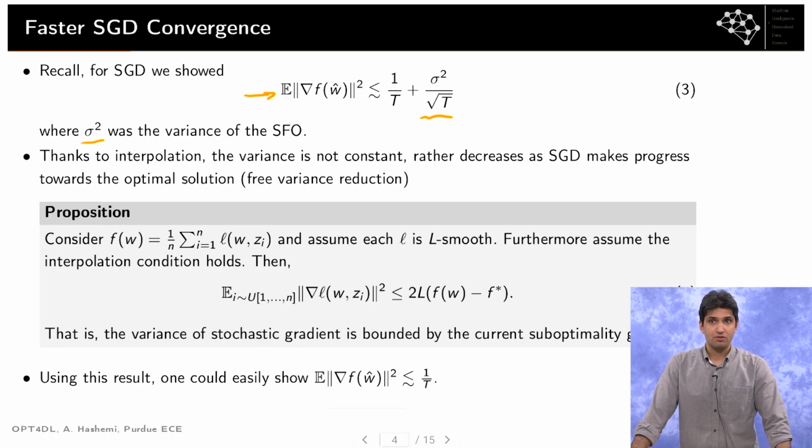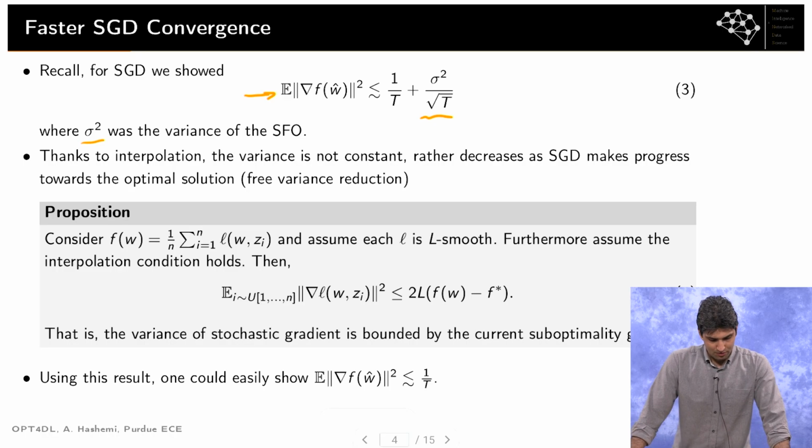So we talked about ways to reduce the variance, for instance, through variance reduction techniques and control variates, as well as connection to momentum. Here we're going to see that, in fact, we don't need to do those. We don't need to take those actions. Thanks to interpolation, which is itself a result of overparameterization, variance reduction happens for free.